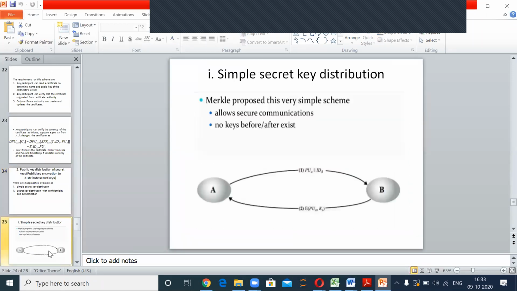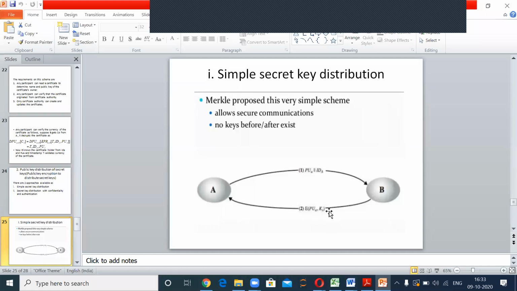How can the secret key be distributed in the simple approach? This diagram represents it, with the sender and the responder, or receiver. First, the sender sends the request with the sender's public key concatenated with the identification of the sender. The receiver receives it, and then sends a message to the sender in encrypted format.